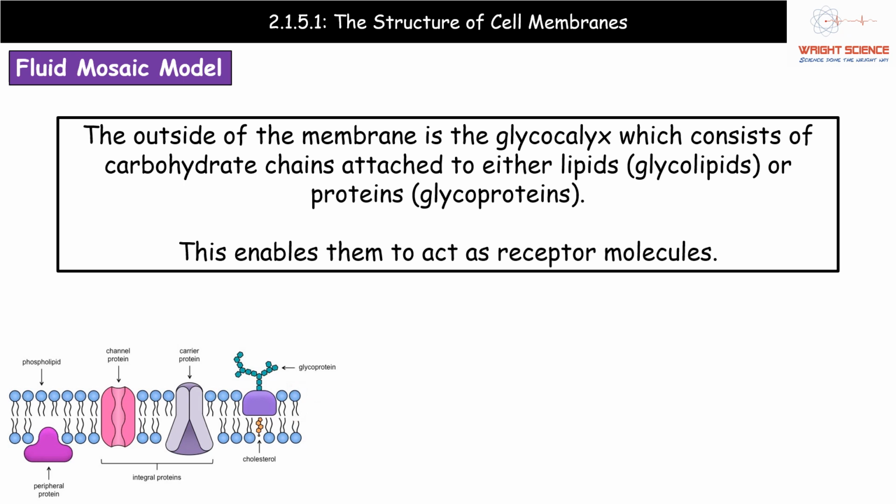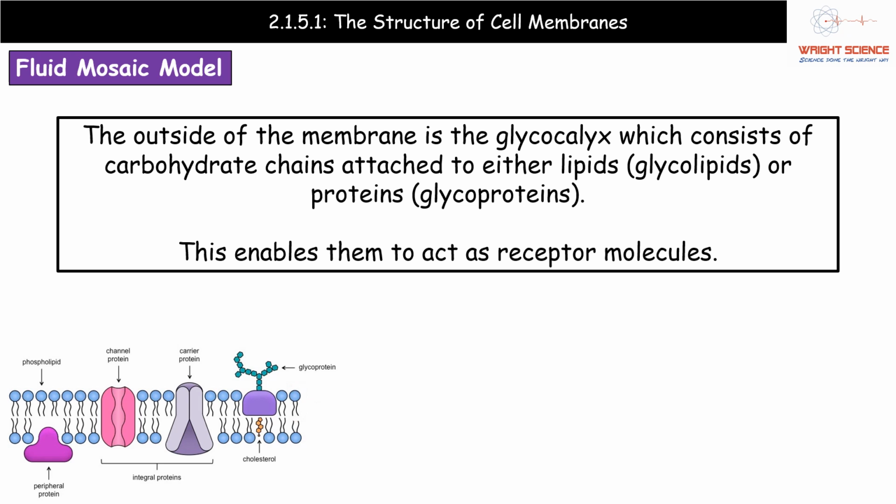On the outside of the plasma membrane, we have a structure called the glycocalyx. And the glycocalyx is basically a carbohydrate chain attached onto something else. So we've either got it attached onto lipids to form glycolipids, or attached onto proteins to form glycoproteins. So glyco just tells us carbohydrate, and the second part of the word is telling us what that carbohydrate is attached to.